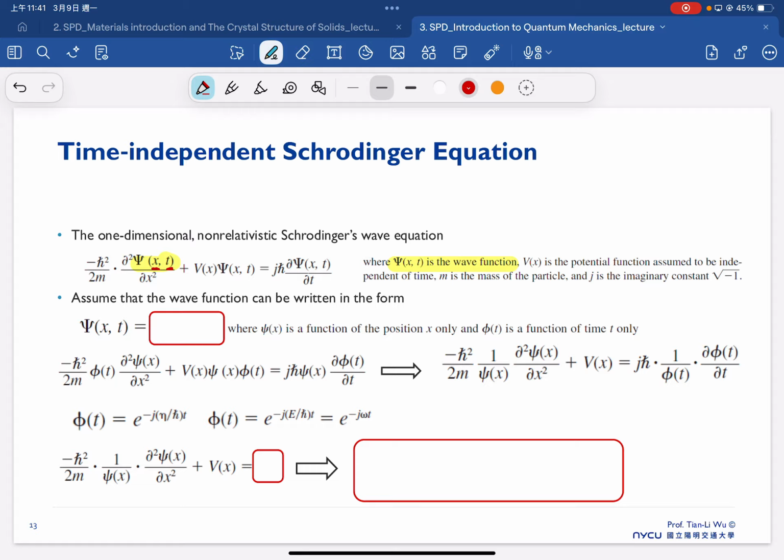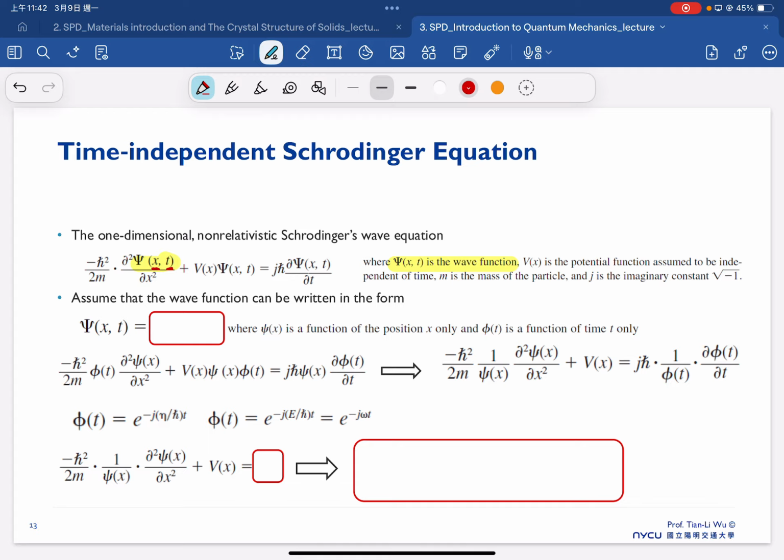That means this is a very general wave function that depends on our space, x, and on our time. But first, since we want to simplify, this wave equation becomes a time-independent wave equation.